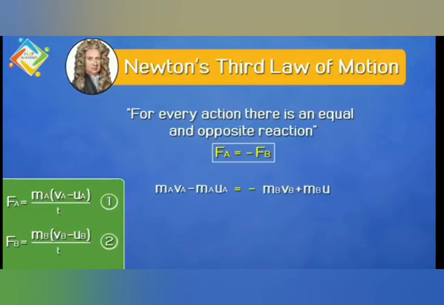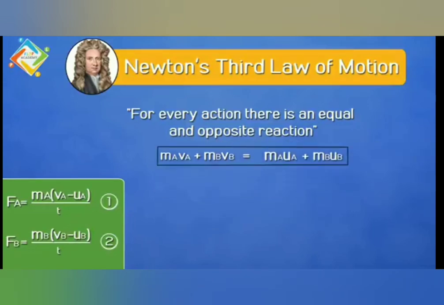Now open the bracket. Considering the left hand side of the equation, it will become MAVA minus MAUA, and in the RHS it will become minus MBVB plus MBUB. On rearranging both sides, we will get MAVA plus MBVB, and on the RHS we will get MAUA plus MBUB.